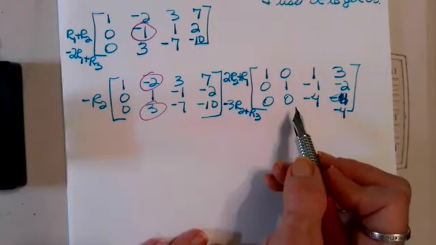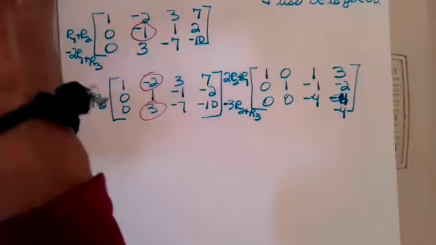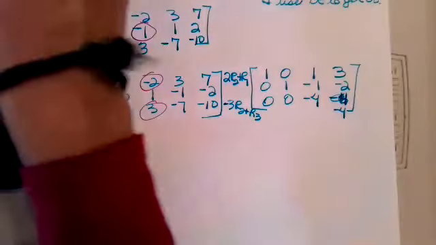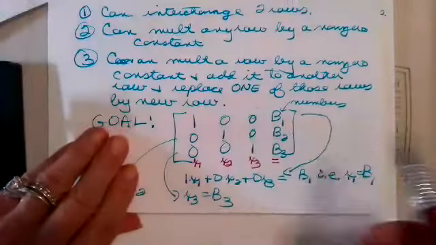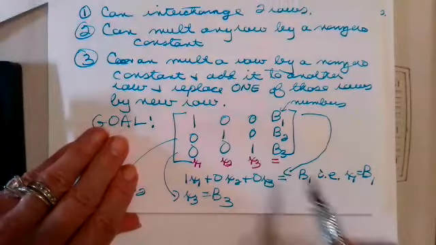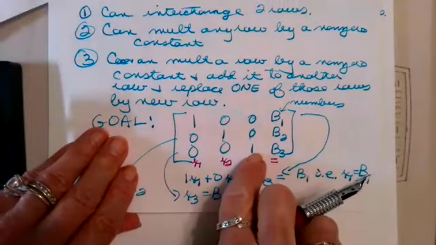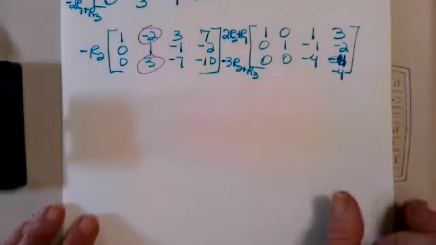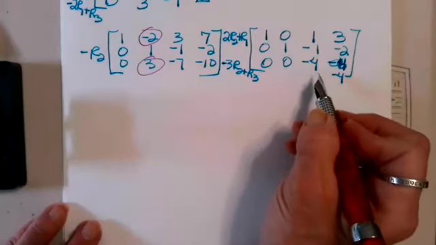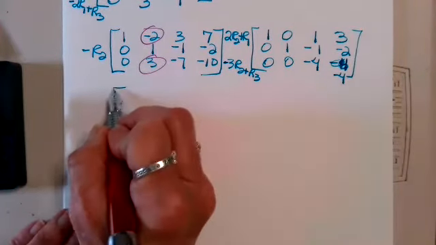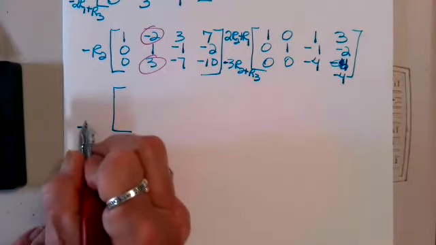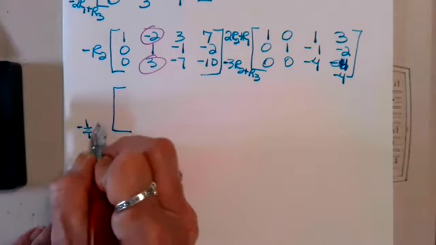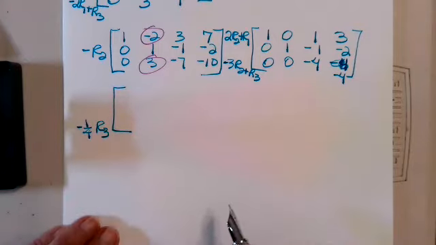Now we gotta make our third column look like the form we want. A 1 at the bottom and then 2 zeros above it. So what do we need to do there? We need to turn this minus 4 into a 1. So I multiply the third row by minus 1/4.